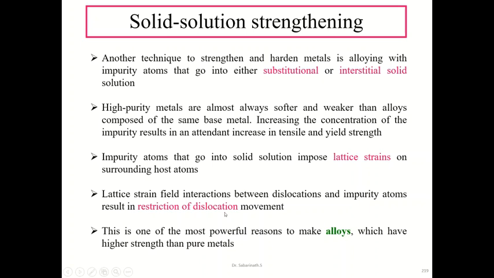Lattice strain field interactions between dislocations and impurity atoms result in restriction of dislocation movement. This is one of the most powerful reasons to make alloys which have higher strength than pure metals. The interactions between the dislocations and impurities result in a restriction of the dislocation movement.